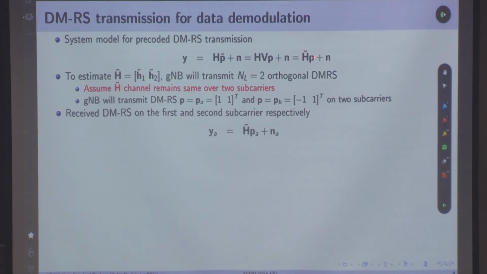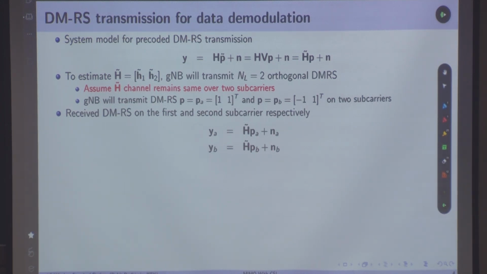Remember, it is 2 cross 2. What is the dimension of P? It is 2 cross 1. And that is the system model. YA will be NU cross 1, which is 2 cross 1 because this UE has only 2 antennas. Similarly, over the second subcarrier it will be YB. So it's only the subcarriers which are different.